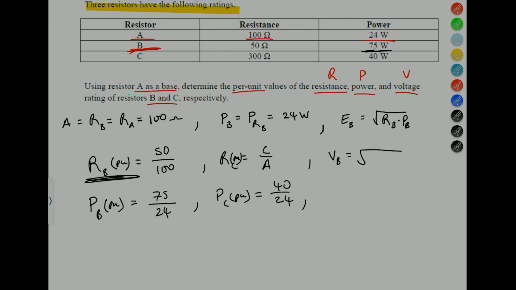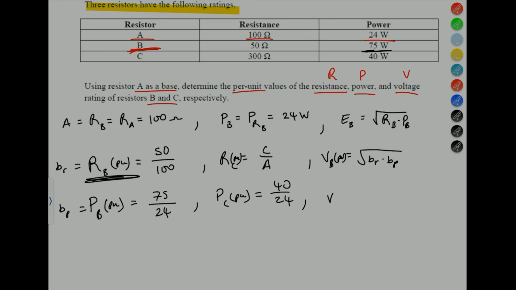Let's just put RB here for per unit. Yes, because we want a per unit value, so that has to be per unit. And this the power for that. So this here is equal to BR, and this here is equal to BP. So BR times BP. And this is in per unit.